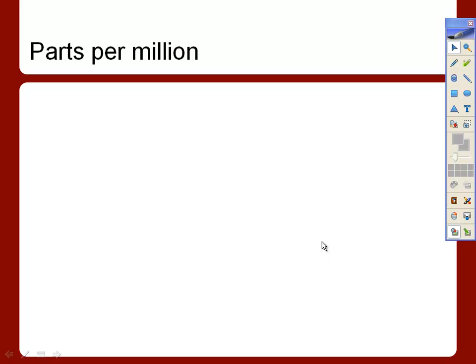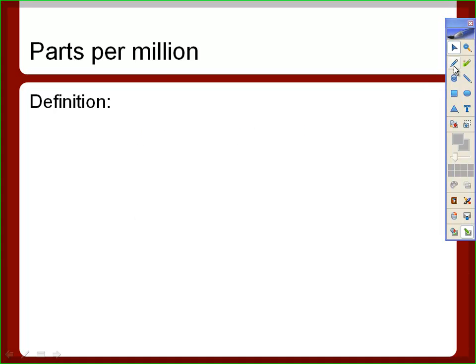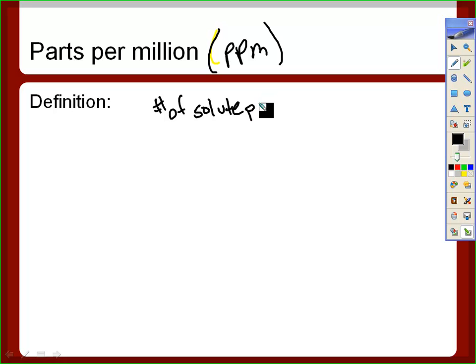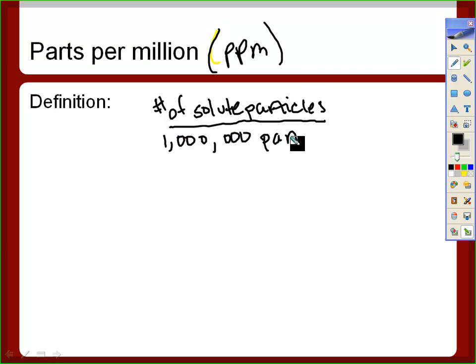Parts per million. The definition of parts per million is exactly what it sounds like. We abbreviate parts per million PPM. And parts per million is defined as the number of solute particles per 1 million particles of total solution.